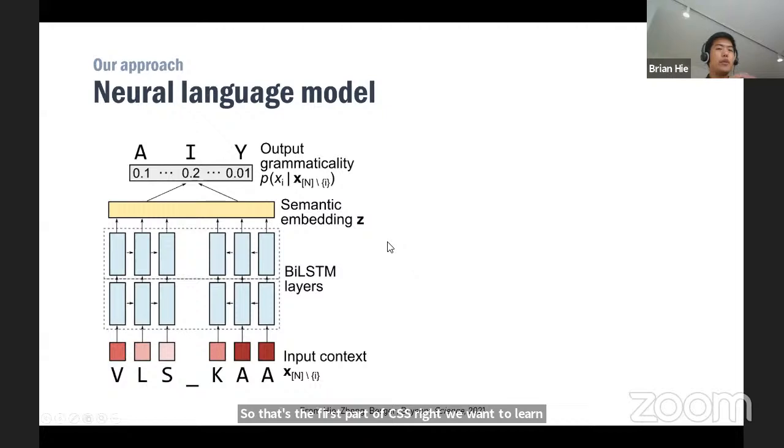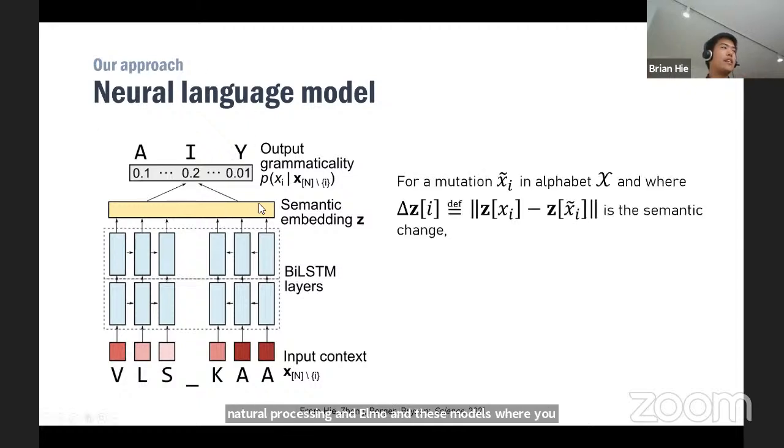But the second part is we also want mutations that induce high semantic change. To model semantic change, we leverage an idea borrowed from natural language processing and ELMo-style models, where you can look at the distance in the semantic embedding space. This is the output of one of the hidden layers of the language model, and it's a continuous embedding.